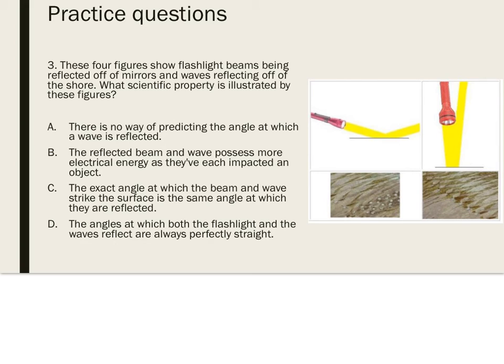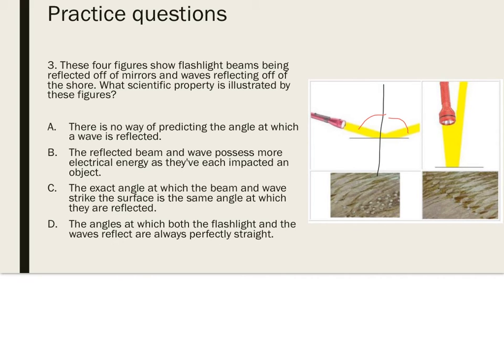The angle between the incident ray and the normal line is the angle of incidence. So here's your normal line, and this angle is your angle of incidence. The angle between the reflected ray and the normal line is called the angle of reflection. So this would be your angle of reflection.